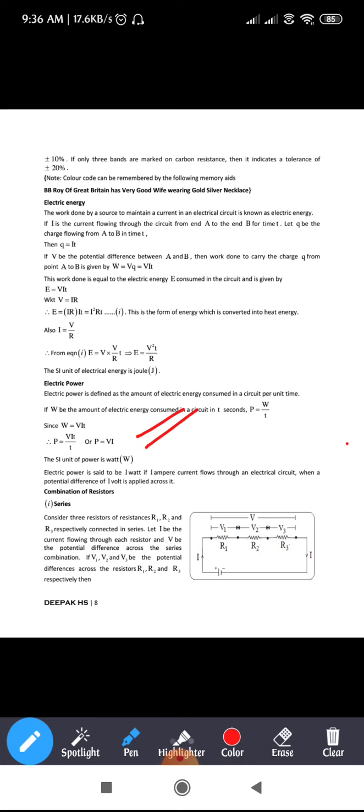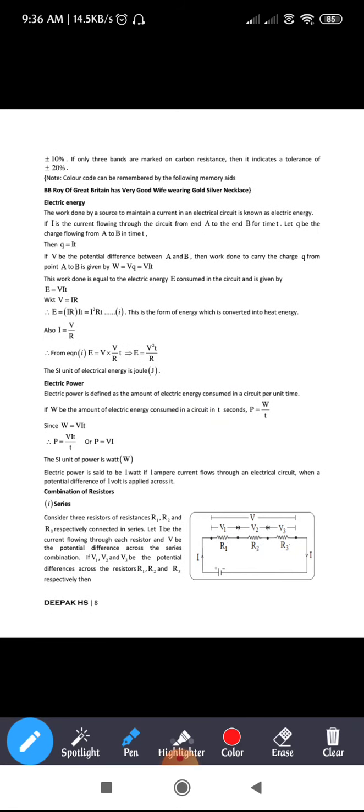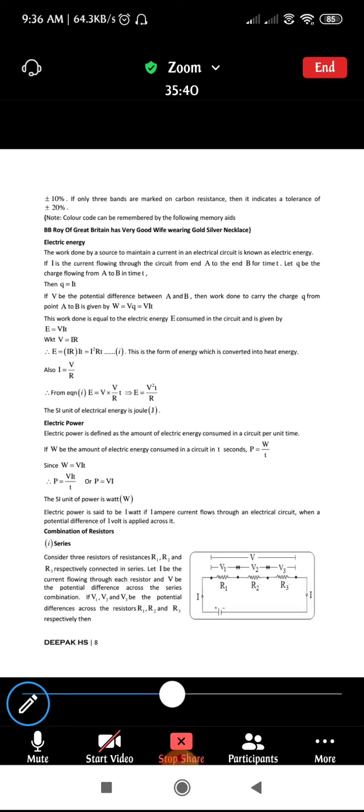Okay. Is this clear, students? You do one thing, just go through this electric energy and electric power once. Let me know in case you have any doubts. So just go through once.